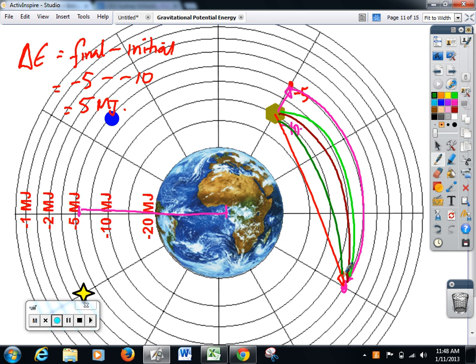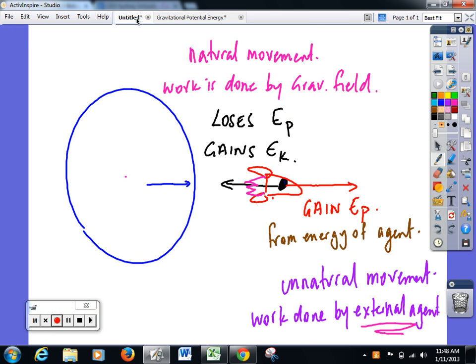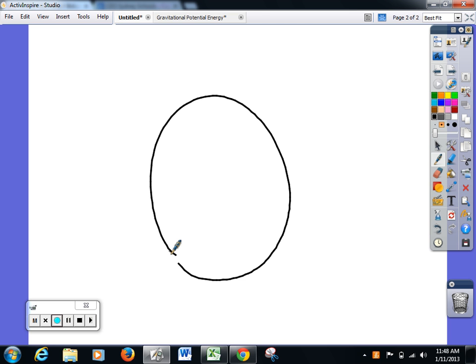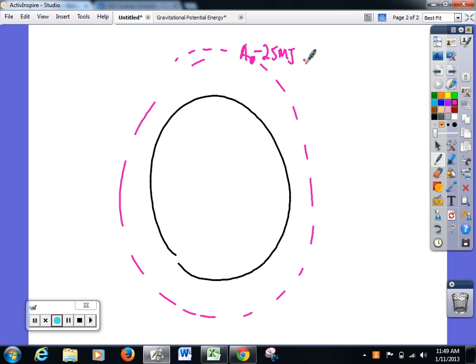Rightio. So on your diagram, have a look at the one in your book. Point A is in orbit. There's the orbit of A. At that point the object has minus 25 megajoules of energy.